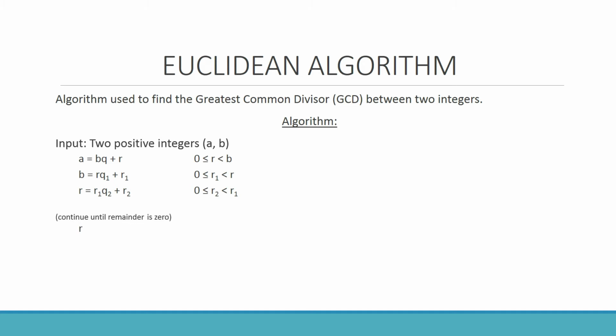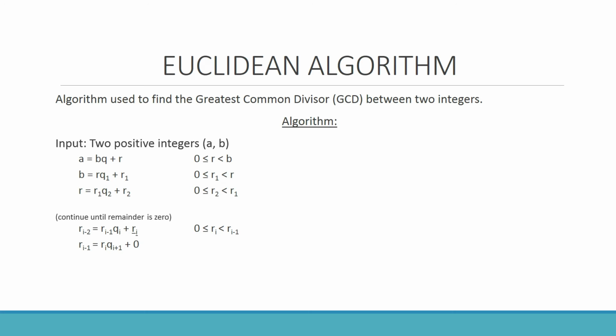So, for some R sub i minus 2, we can write that as R sub i minus 1 times Q sub i plus R sub i, and then the very next one will be R sub i minus 1 equals R sub i times Q sub i plus 1, where the remainder is 0 now.